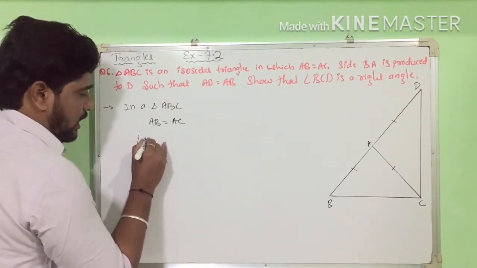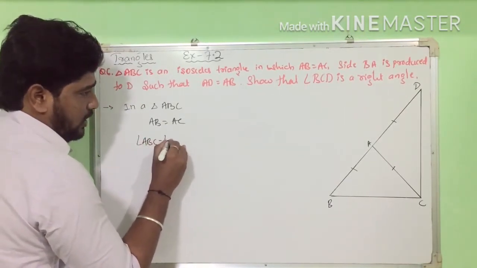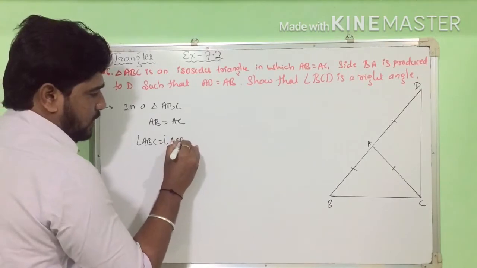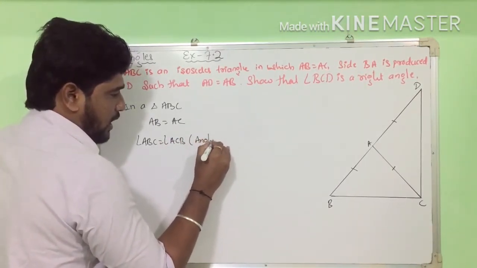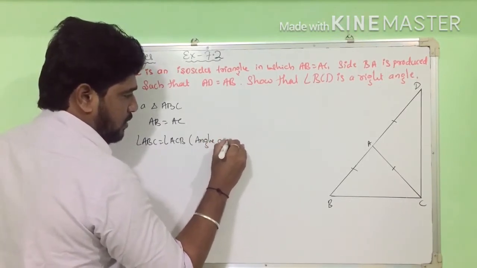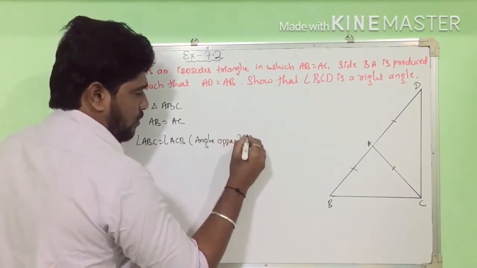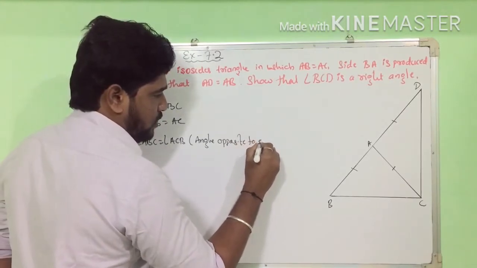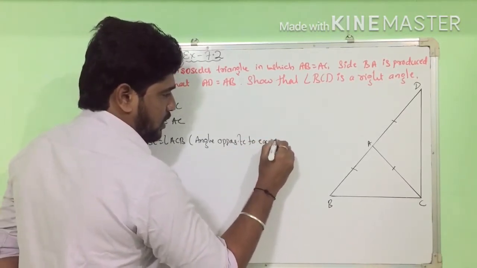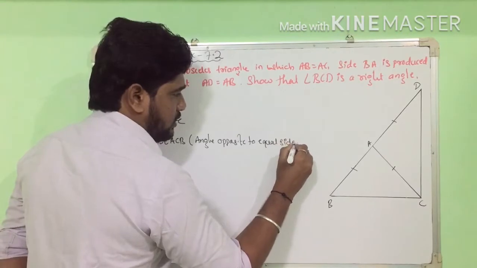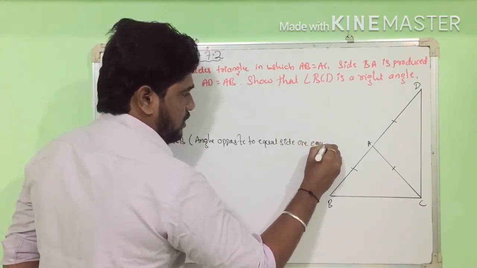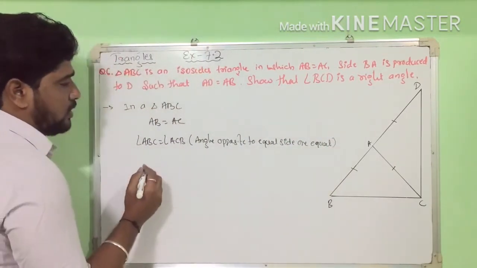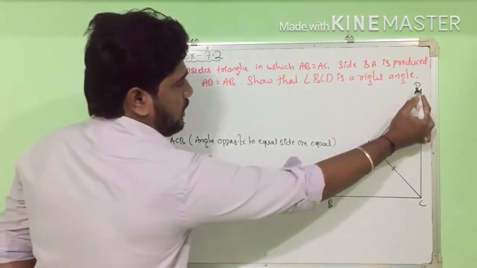So the reason: angles opposite to equal sides are equal, right?